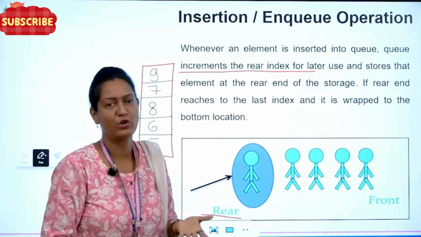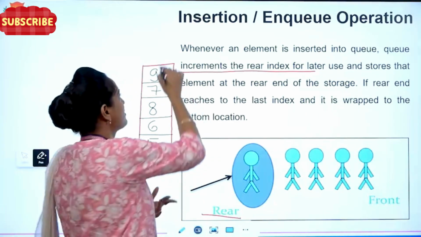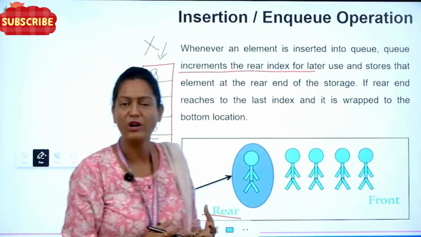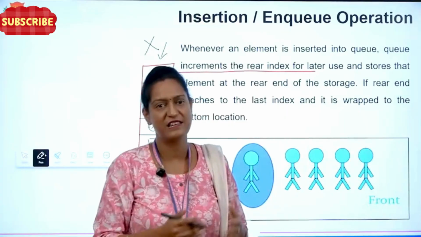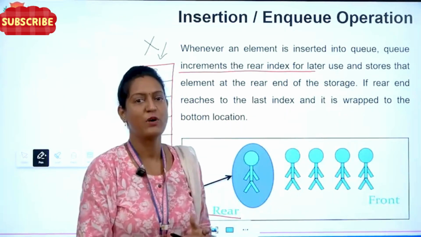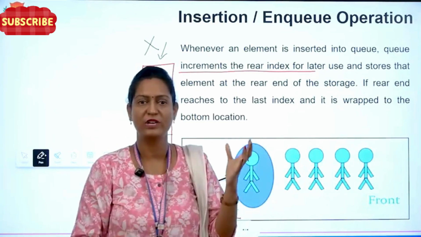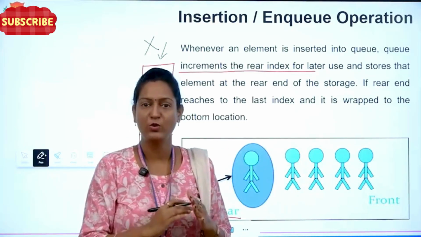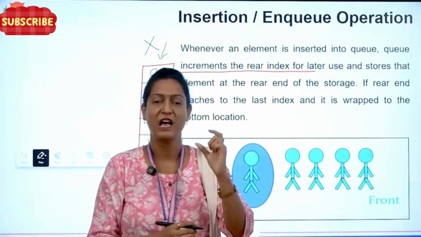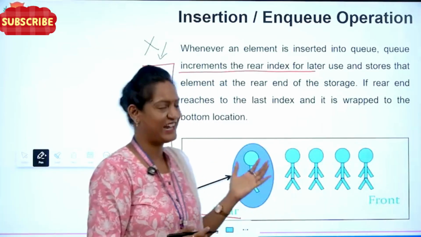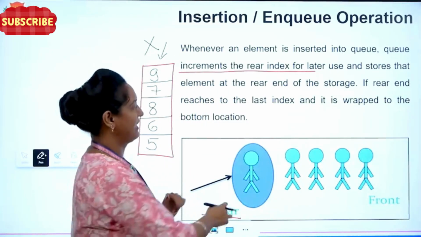Now again I want to insert another element, but I cannot because I do not have memory space left in my queue. So before inserting an element, I have to check whether my queue has another storage place for inserting an element or not, right? So this is an Enqueue operation.